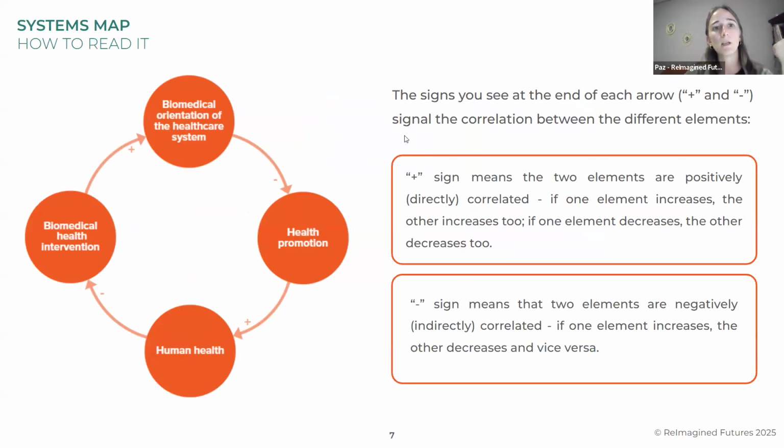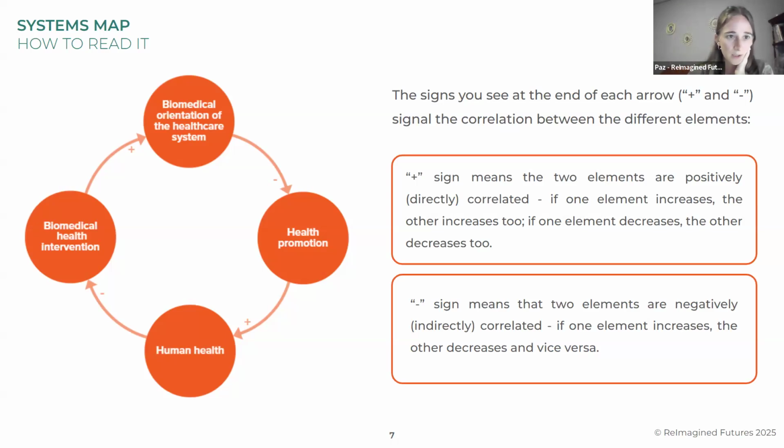Whenever we see pluses, it means that the two elements are directly, positively correlated. So when one increases, the other one increases. And when one decreases, the other one also decreases. And in the case of the minus signs, this means quite the opposite. When one increases, the other one decreases, because they are negatively correlated. And when one decreases, the other one increases.